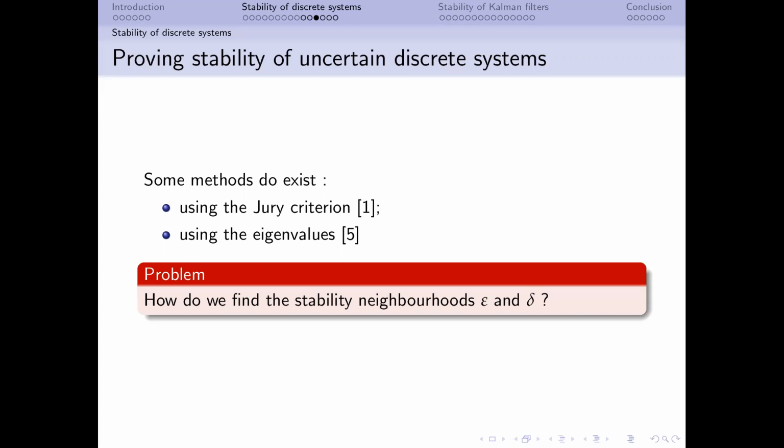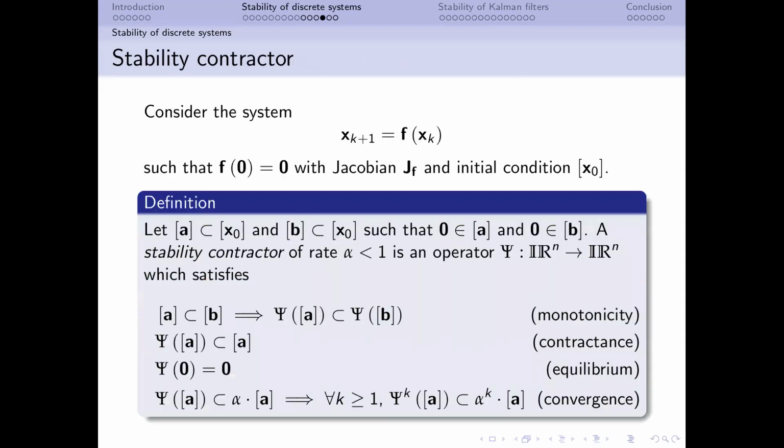And for that, we want to prove that if the robot is initialized in a certain area, it will be able to converge towards a certain point.